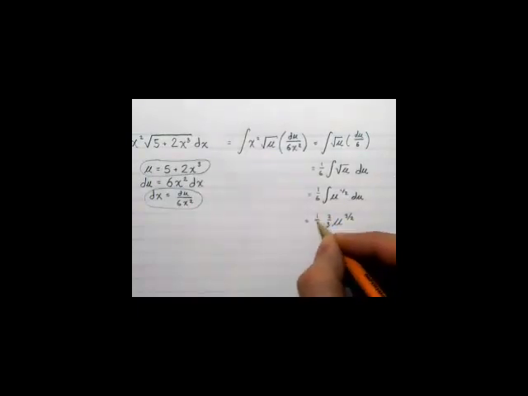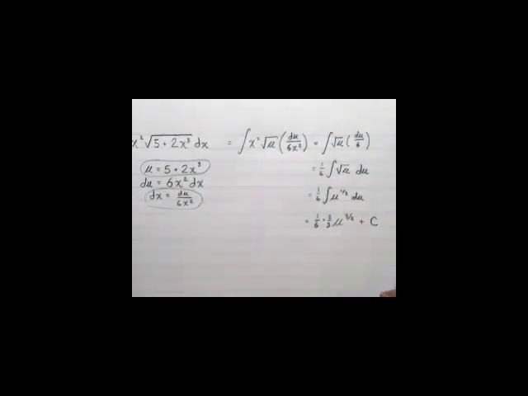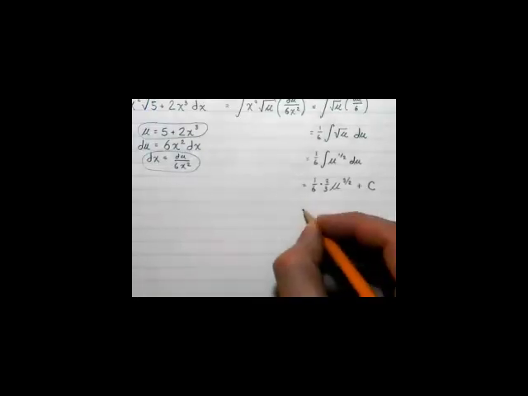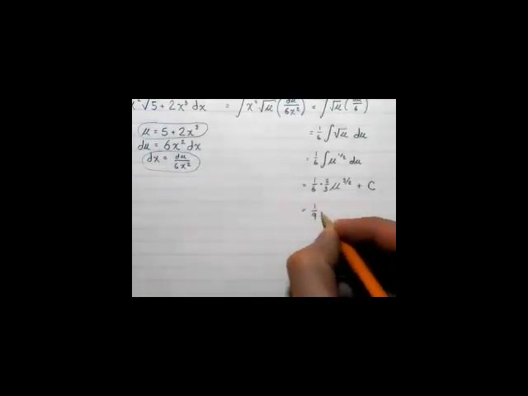1/6 as well, though, right? So don't forget about that. And don't forget, at this stage, plus c, because that's an antiderivative there. Okay, so 1/6 times 2/3, that would be 2 over 18, which is 1/9. So 1/9.